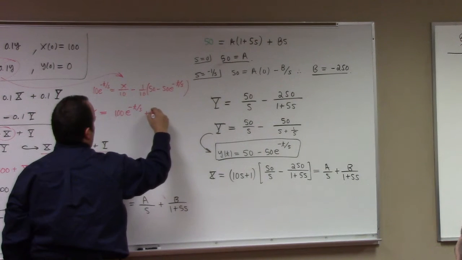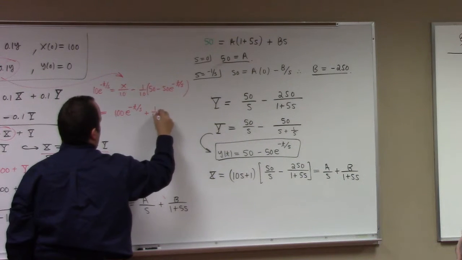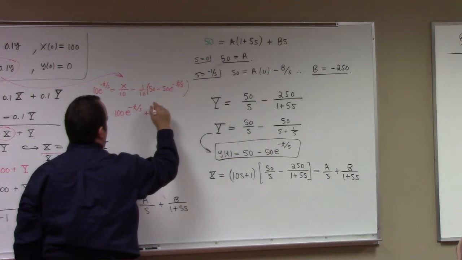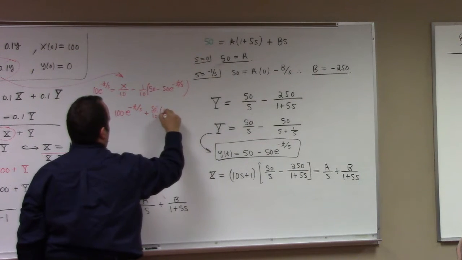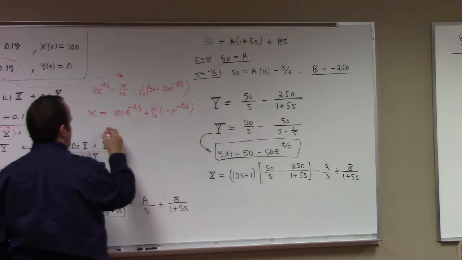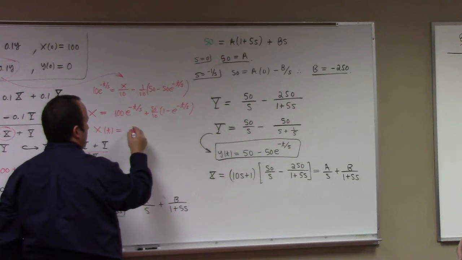plus, what is it, plus 1/10, well, plus 50 over 10, right? Times 1 minus e to the minus t over 5. I haven't made a mistake, which is x of t, is equal to what?